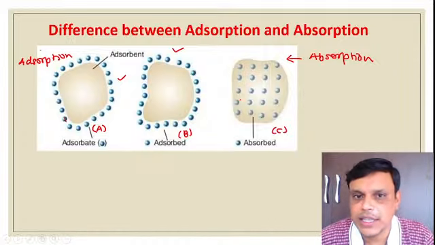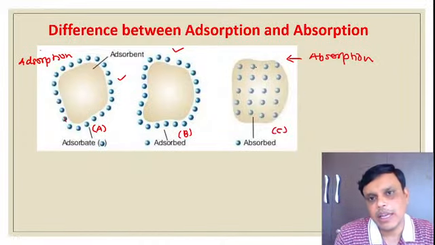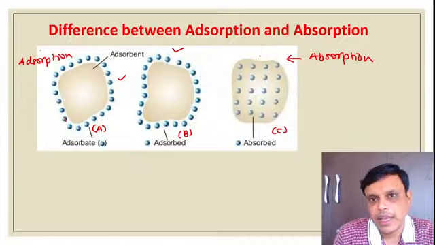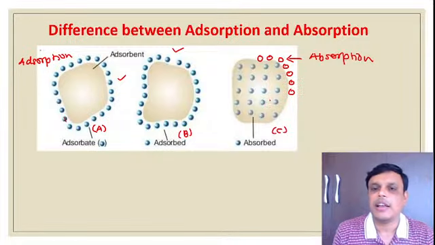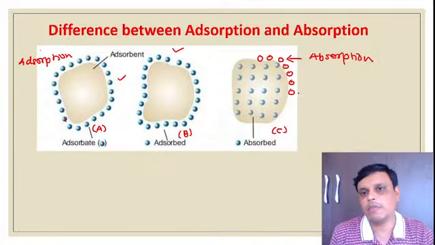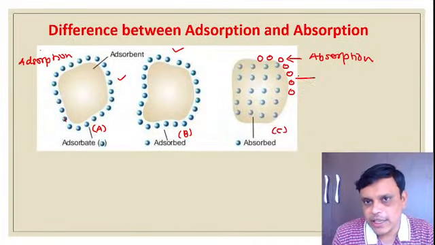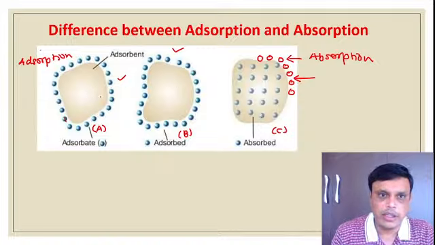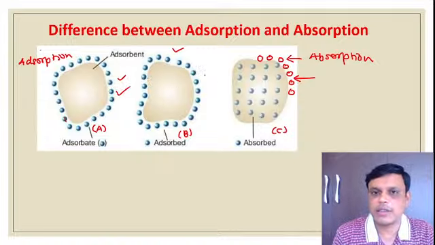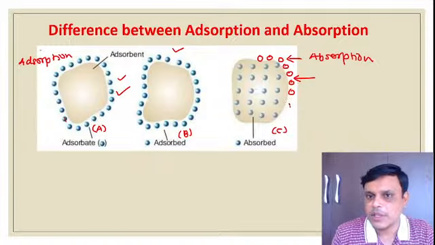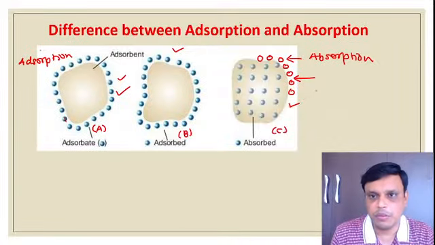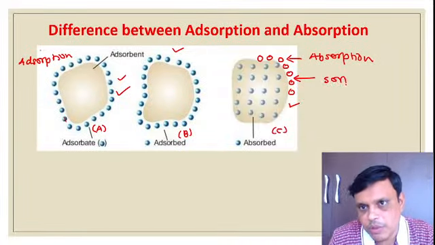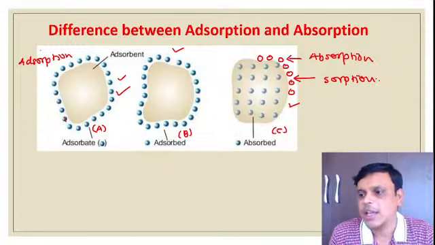And in one more type, they are present on the external surface as well as going into the inside of that substance. So when both adsorption on the external surface and absorption in the inner part of that substance happen, that phenomenon is called sorption.